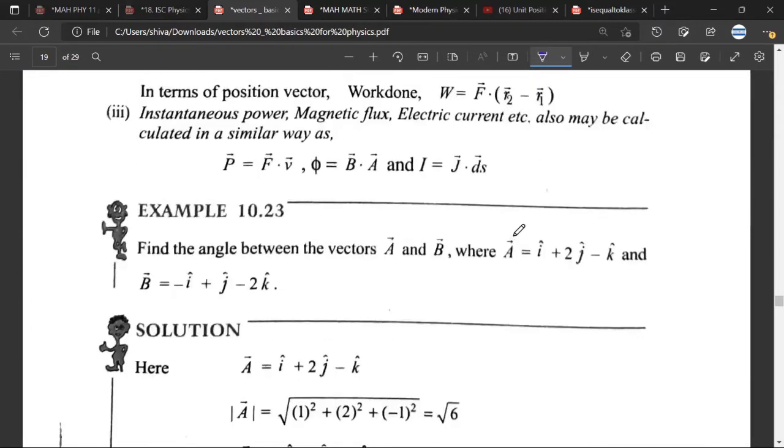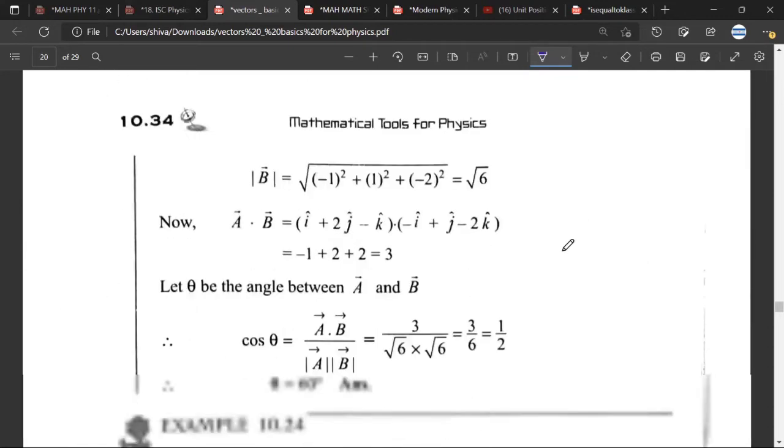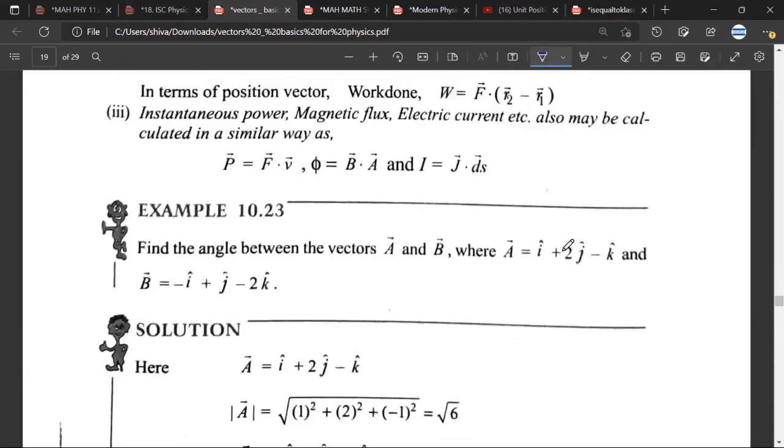Okay, let us try to do this question. Find the angle between the two vectors A and B, where A is equal to this and B is equal to this. So A dot B is equal to modulus of A, modulus of B, cos of the angle between the two vectors.